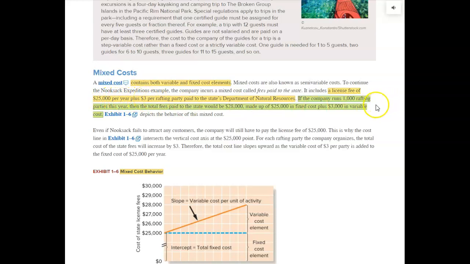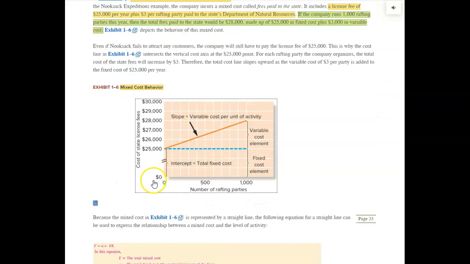And to chart that, here we go. You're looking at the cost behavior for this fee you pay to the state. When you first start, even with no customers yet, you pay $25,000.